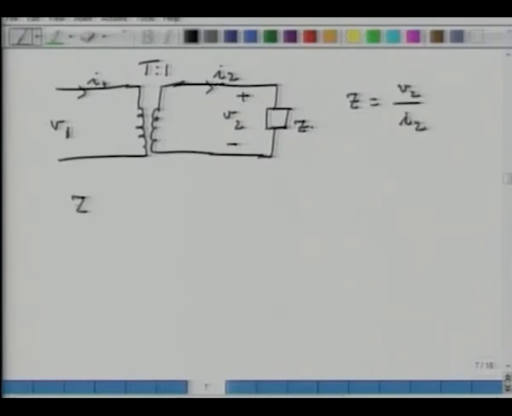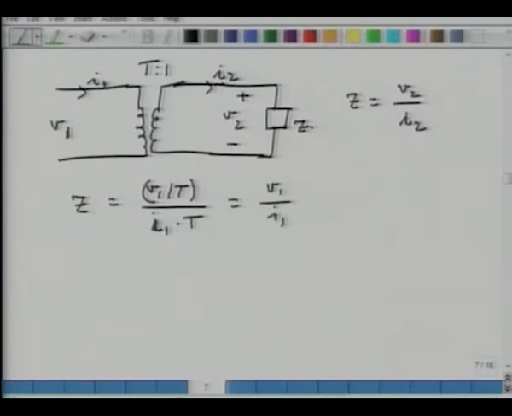So Z equals V1 over T, over I1 times T, right, which equals V1 over I1 times 1 over T squared.